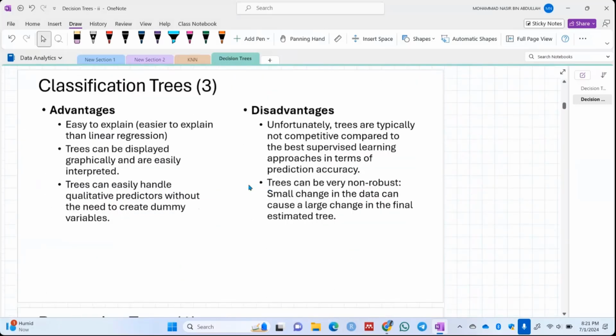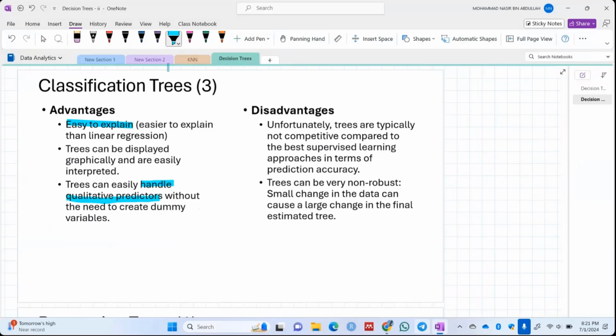So these are the advantages and disadvantages of the classification tree. What is the advantage? It is easy to explain. Compared to linear regression or the conventional way, where we have a model and an equation, here we can easily look at the diagram and explain the predictor and outcome. The tree can be displayed graphically and is easy to interpret. And it is easy to handle qualitative predictors without the need to create a dummy variable.